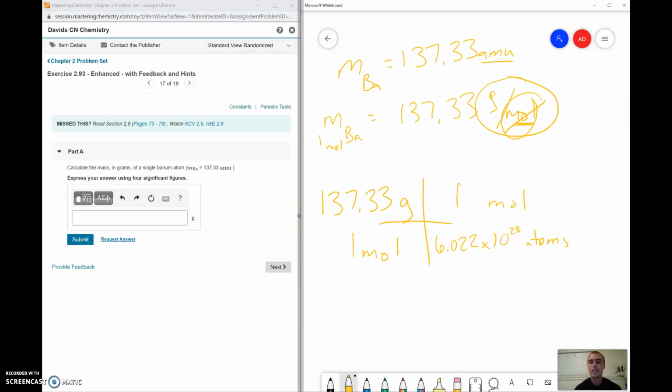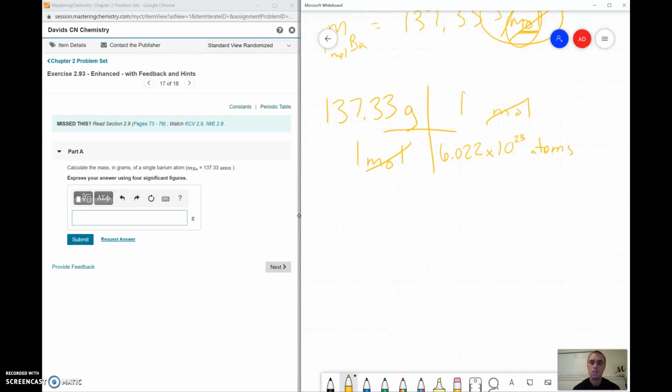So if I take this value, 137.33 grams, divided by this many atoms, it's going to tell me the mass for 1 atom. Okay, my moles is going to cancel, and I'm going to take 137.33 grams divided by 6.022 times 10 to the 23rd atoms.